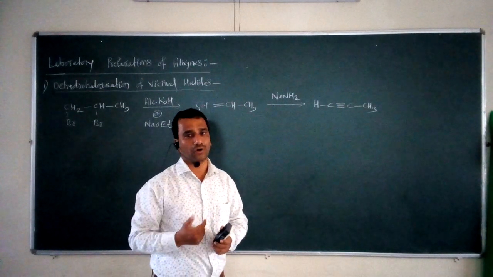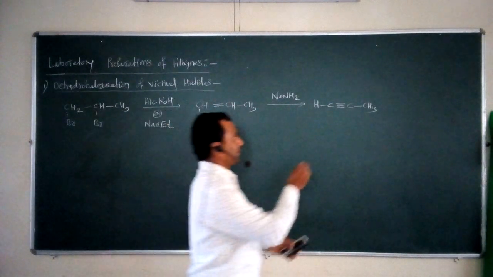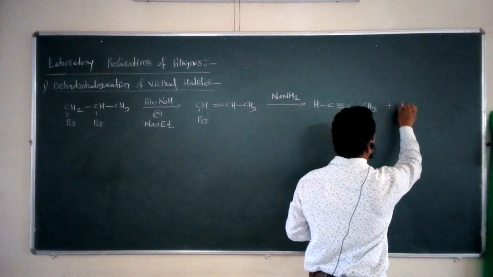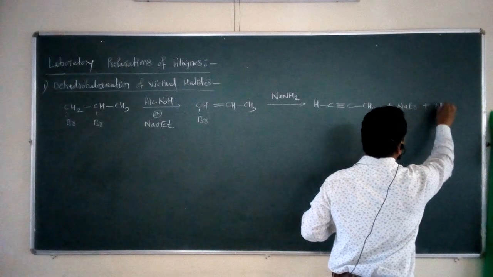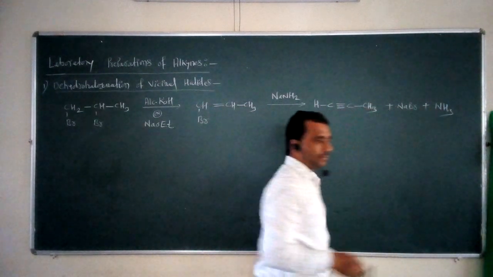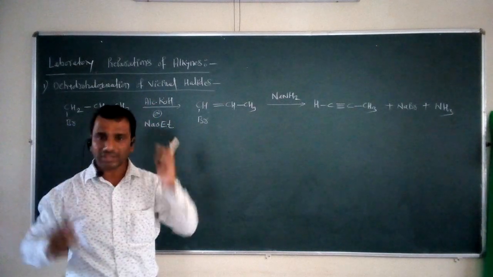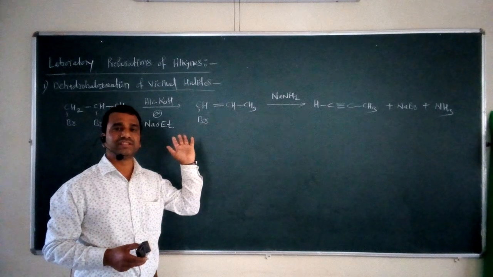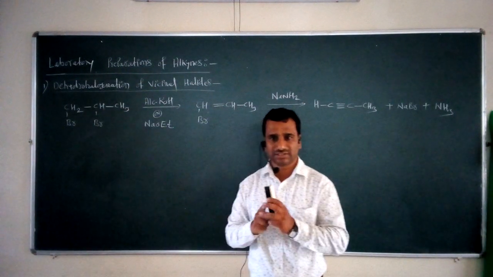So propyne can be obtained along with some byproducts. The byproducts are sodium bromide plus ammonia. So this type of reaction is used for the formation of particular alkynes from vicinal halides, and the reaction is called the dehydrohalogenation reaction.